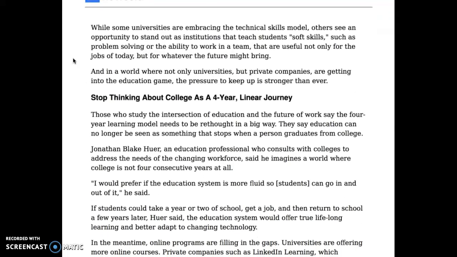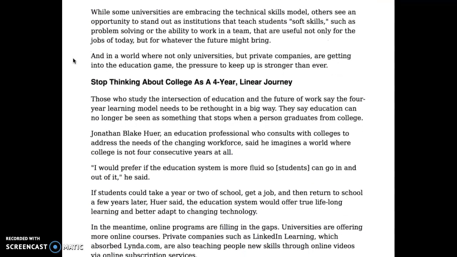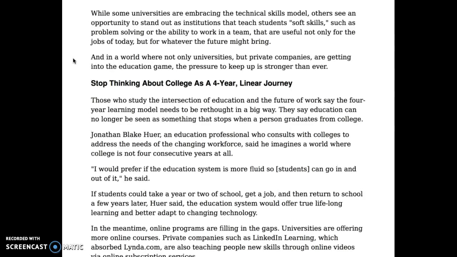While some universities are embracing the technical skills model, others see an opportunity to stand out as institutions that teach students quote-unquote soft skills, such as problem solving or the ability to work in a team, that are useful not only for the jobs of today, but for whatever the future might bring. And in a world where not only universities but private companies are getting into the education game, the pressure to keep up is stronger than ever.